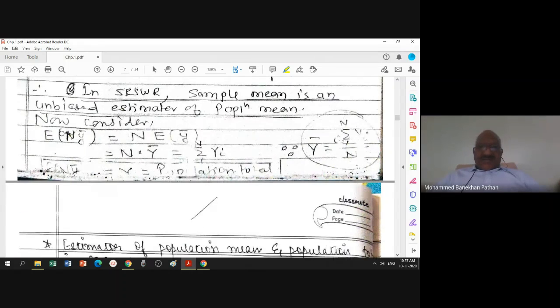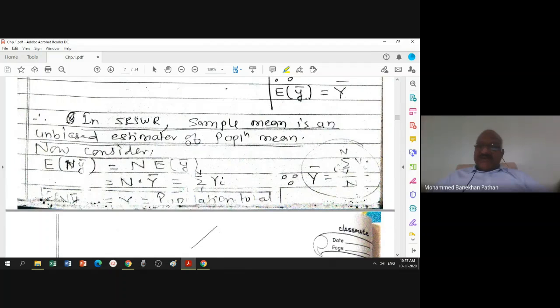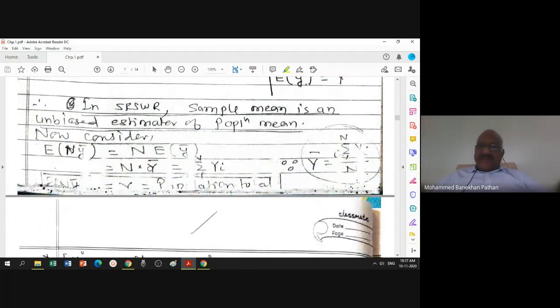Now consider the expected value of capital N times small y bar. Capital N is a constant value, so put it outside the expectation. The expected value of small y bar, we just proved, is capital Y bar. So N times capital Y bar.